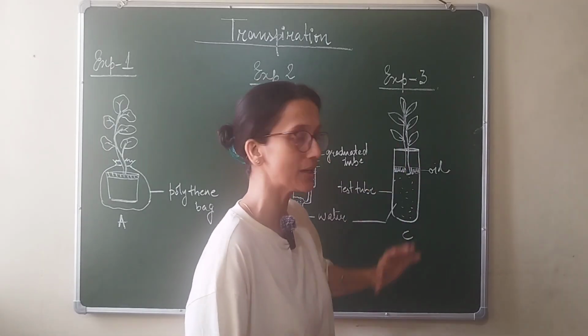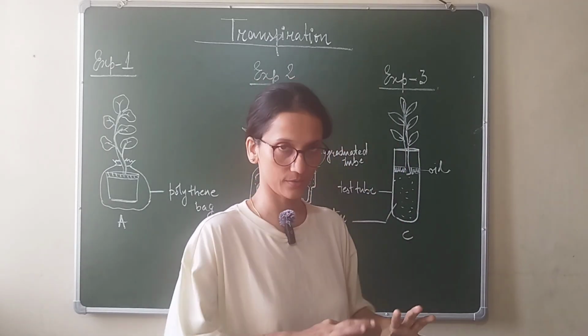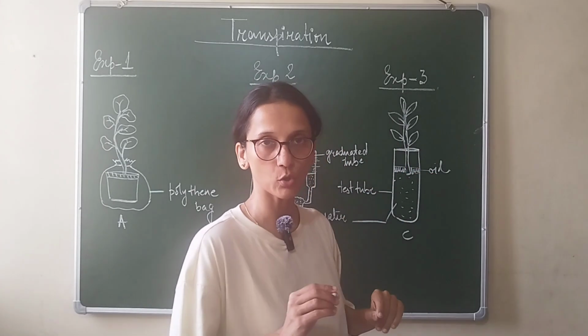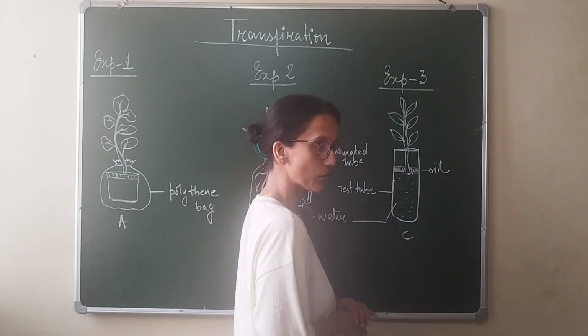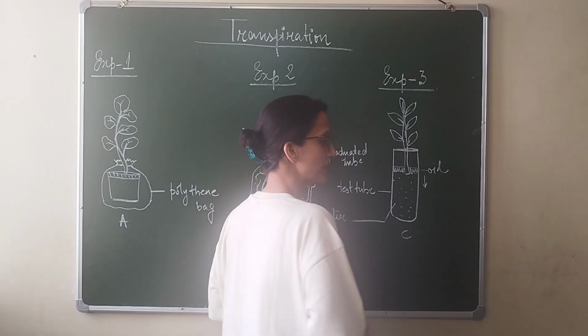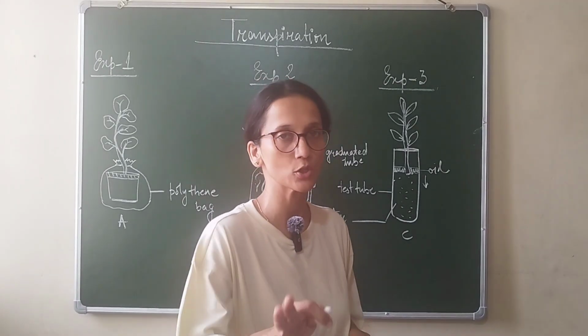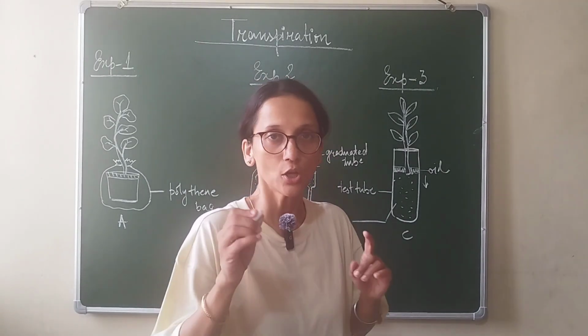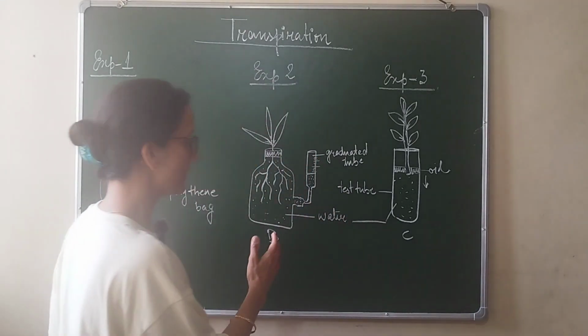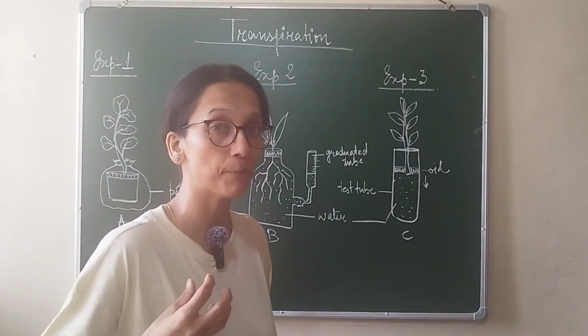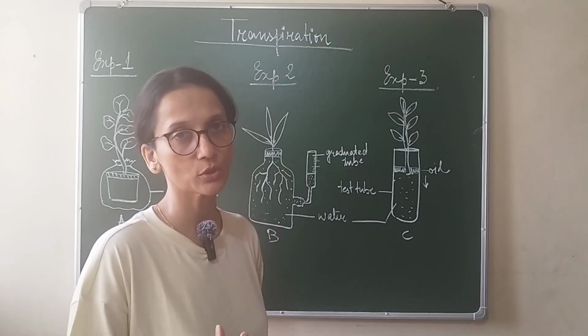Now keep the twig as it is and look at the amount of water present here. After some time, when you again check the level of the water, you are going to find a dip in the level. 100% it was not because of loss by evaporation. So this was lost by transpiration. So these are the three methods by which we can get an approximate value of the water lost by the process of transpiration.